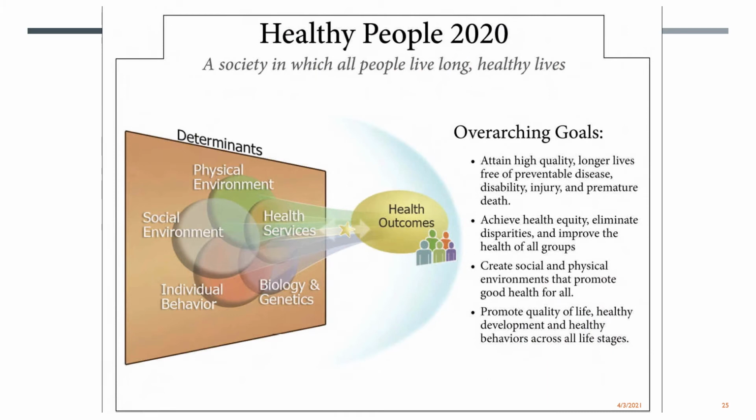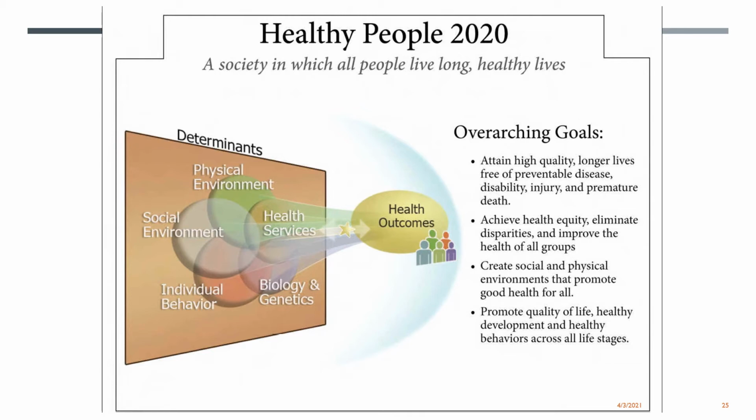This is Healthy People 2020. What they hope to achieve is to attain high quality, longer lives free of preventable disease, disability, injury, and premature death.